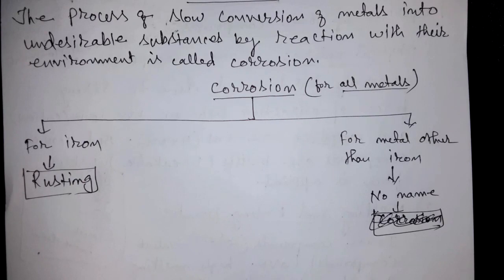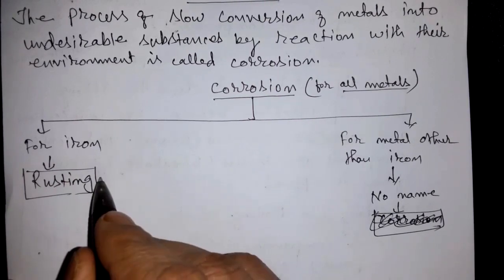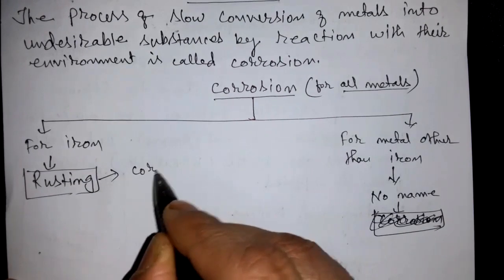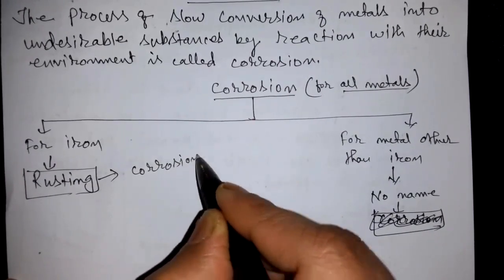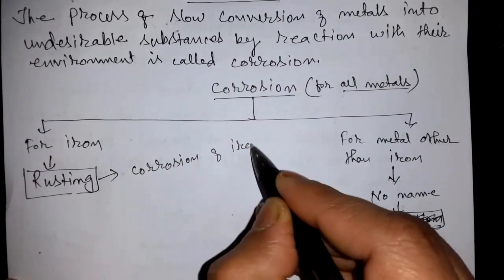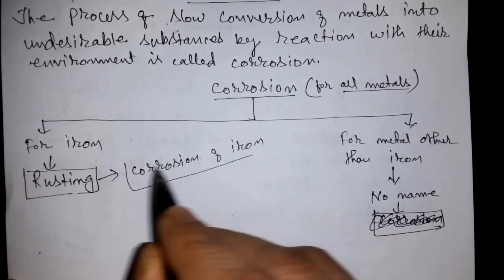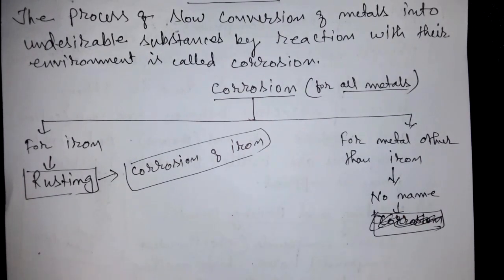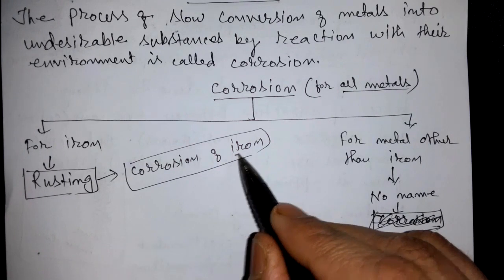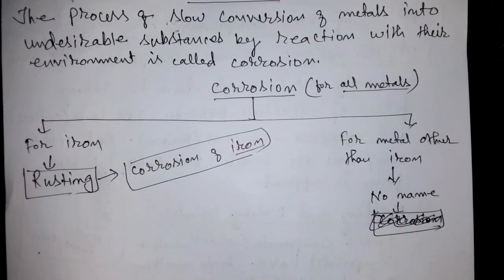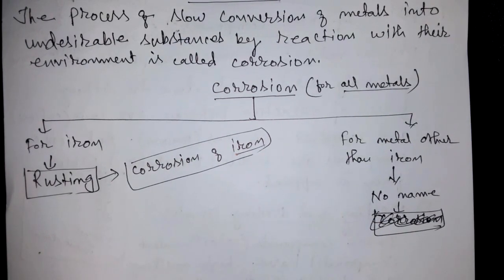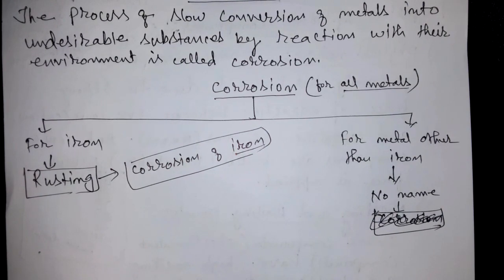But when you say rusting, you are indirectly telling the name of the metal. So rusting means corrosion of iron. Rusting carries two pieces of information. It is a corrosion, but indirectly you are telling it is iron, because the word rusting you cannot use for other metal. If iron is spoiling, you can say rusting.